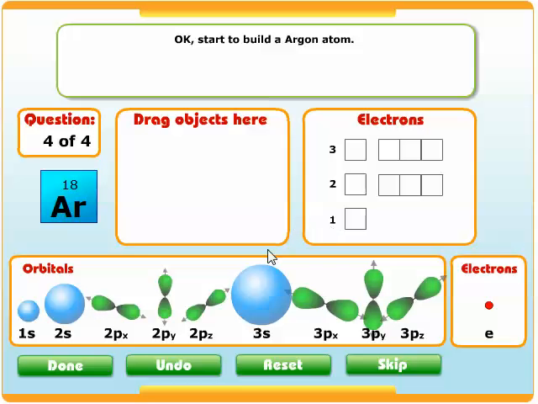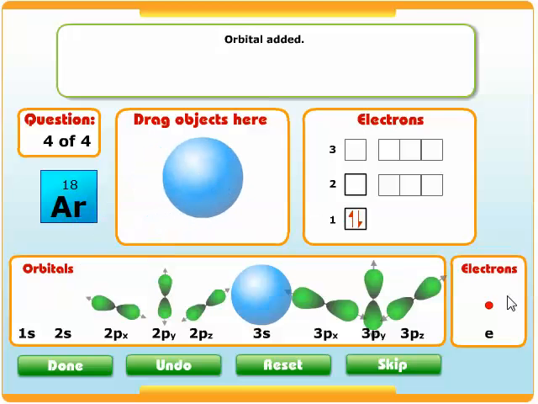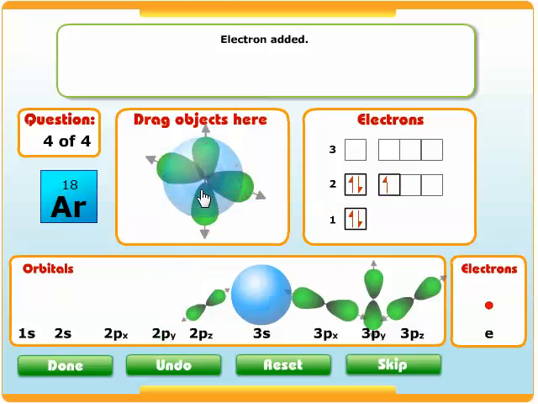So let's do our last one here. This is argon. So we're going to put our 1s down, 2s. I'm going to add 1 electron to each of my p orbitals.